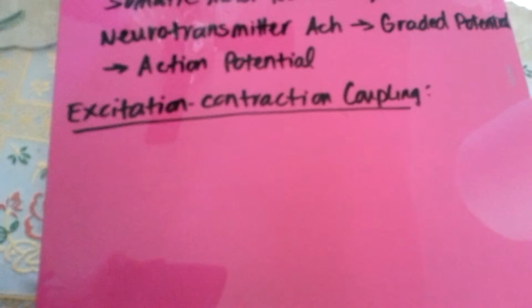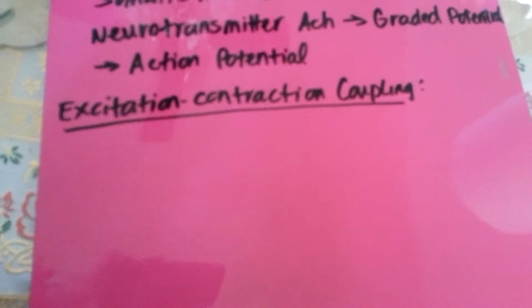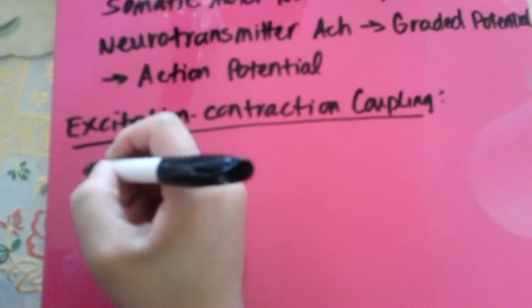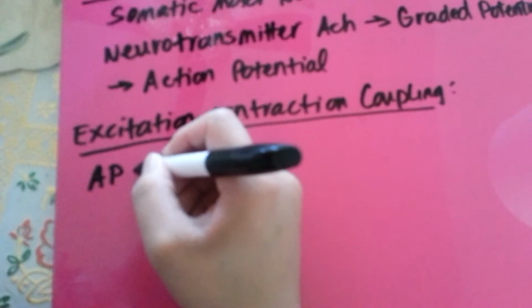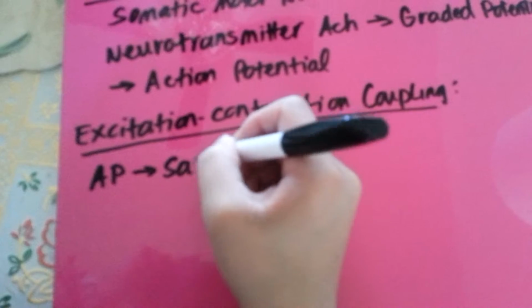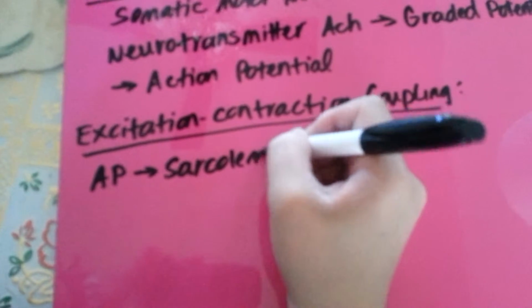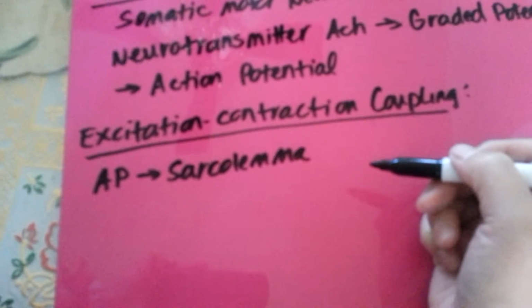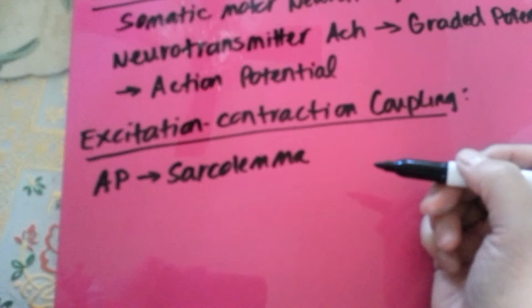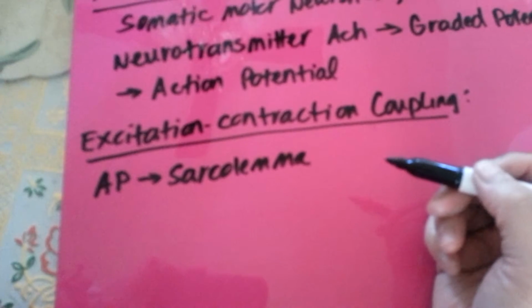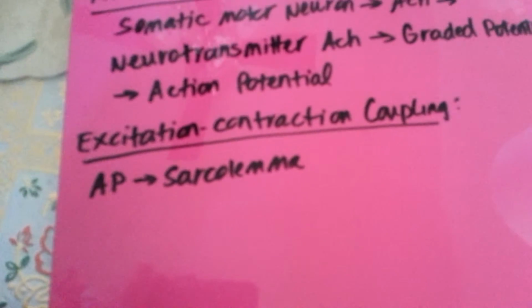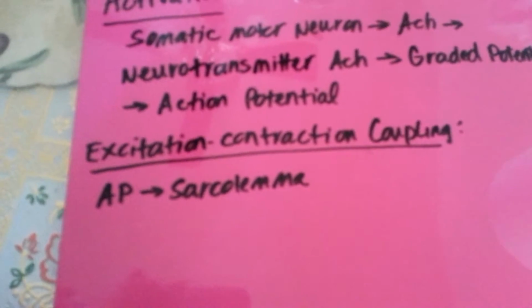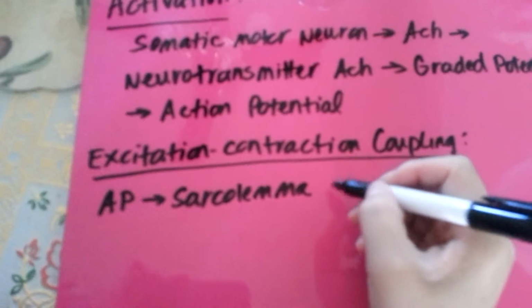Okay, so the next part is excitation contraction coupling, and that starts with action potential traveling along the sarcolemma, which you could think of as the membrane of the fiber or the muscle.